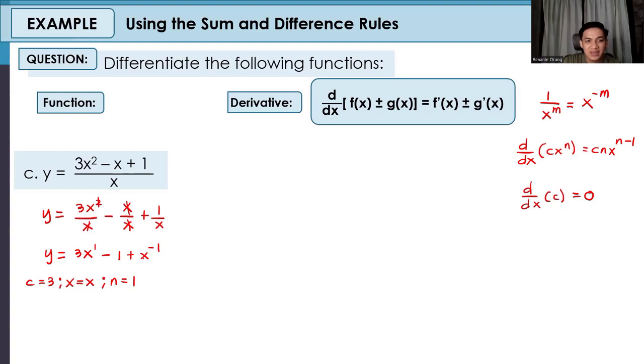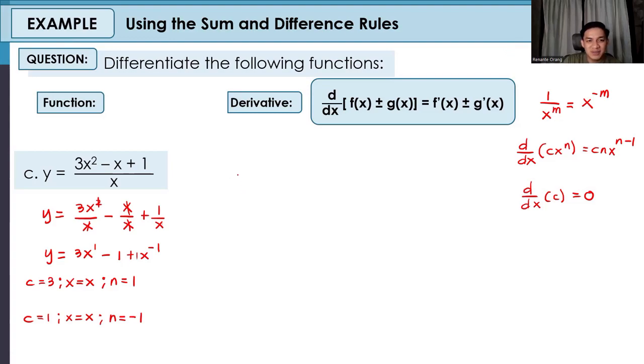And for this one, x raised to the power of negative 1, we will be using our constant multiple rule. So, that is c is equivalent to 1. Si 1 yung katabi niya dito. X po natin is x. And then yung ating exponent is negative 1. That is n is equivalent to negative 1.